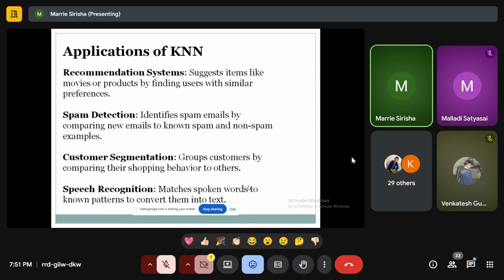So by comparing that to known factors, it will categorize what words we are saying, right? This is how KNN is used in real life examples.